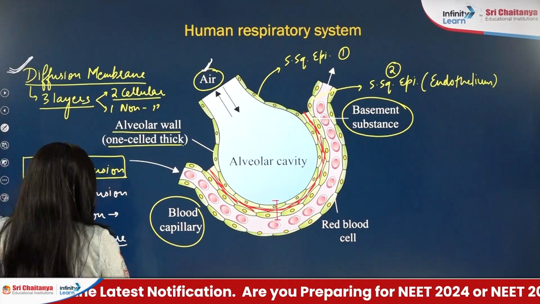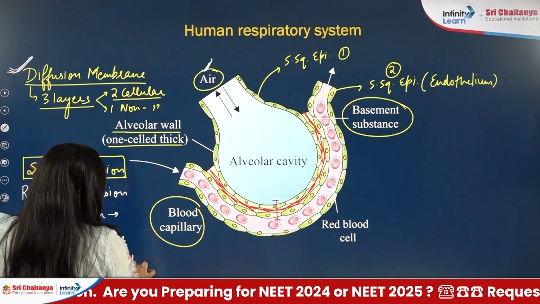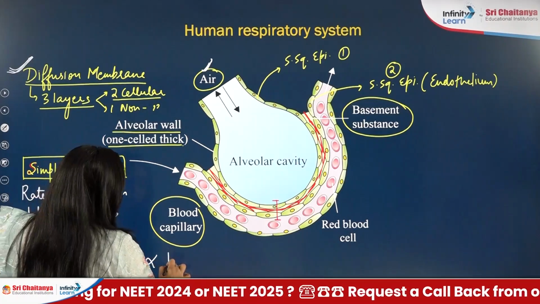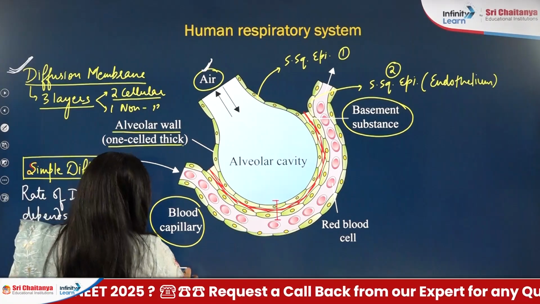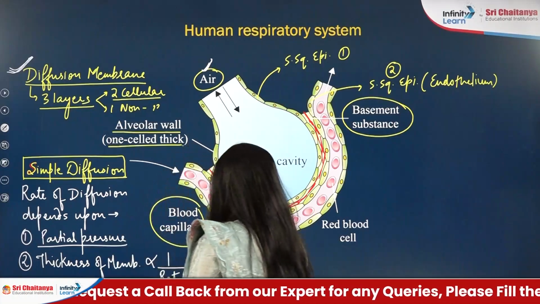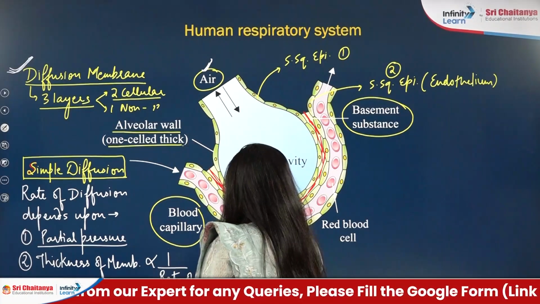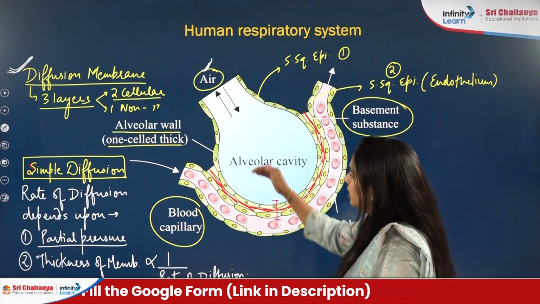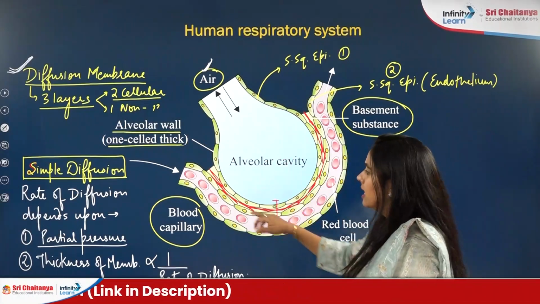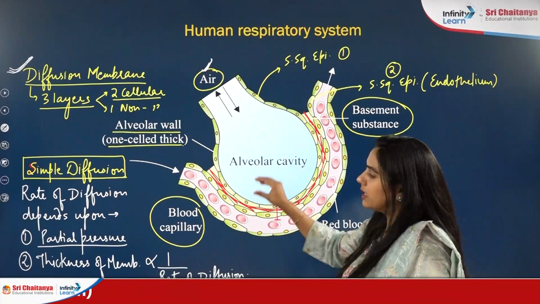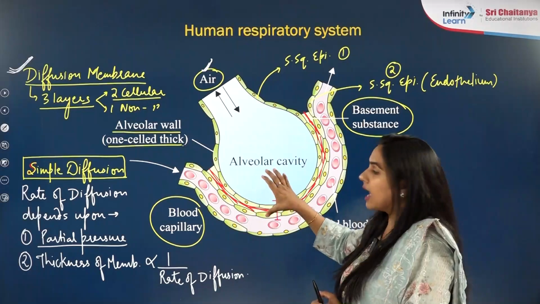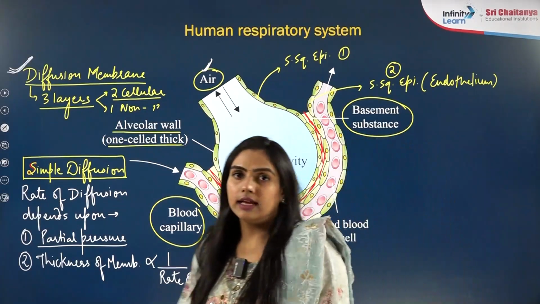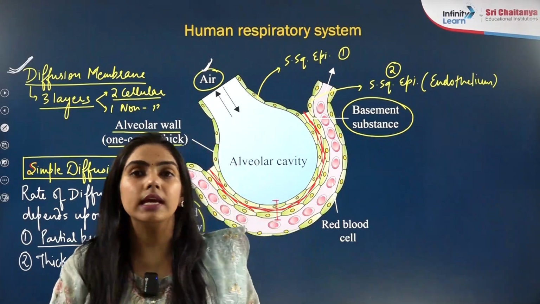So the thickness of the diffusion membrane is inversely proportional to the rate of diffusion. If you want the diffusion rate to be high, then the thickness of the membrane has to be less. Then only the rate of diffusion will be high.